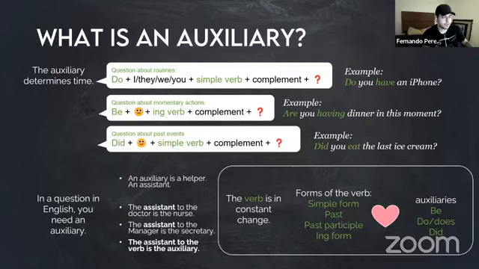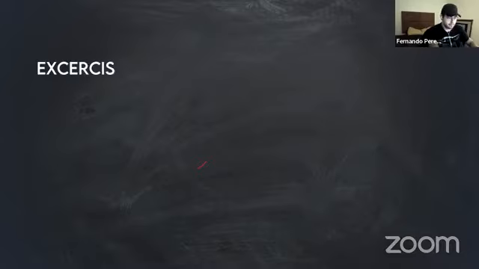Let's go to a little exercise, okay? Exercise where we are going to detect the auxiliary and the verb, okay? Because this is grammar. I am speaking about grammar in this moment, but grammar is super necessary in this case, only in this situation. Okay, here we go. Exercise.